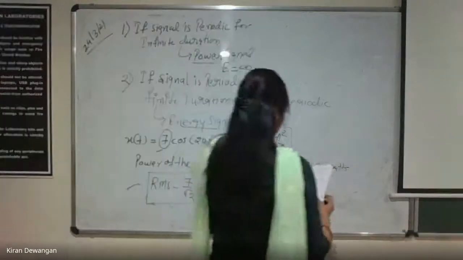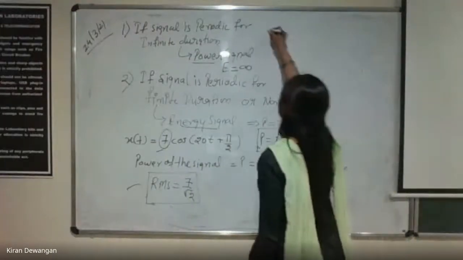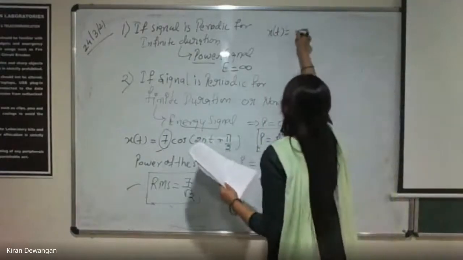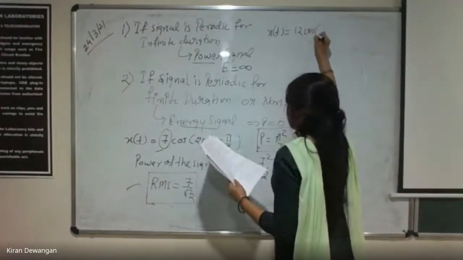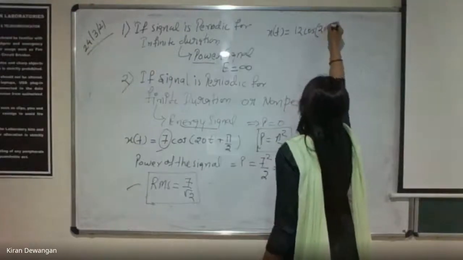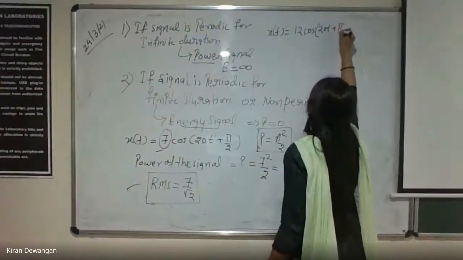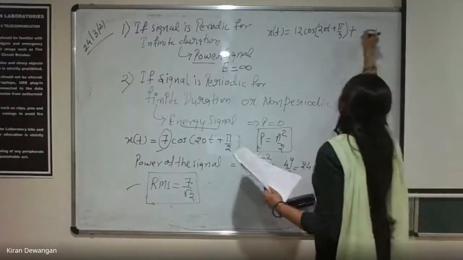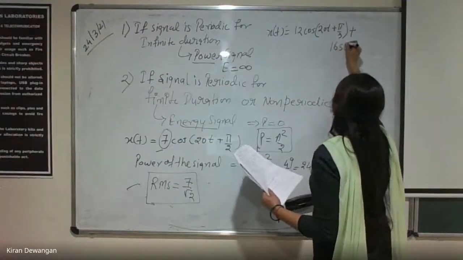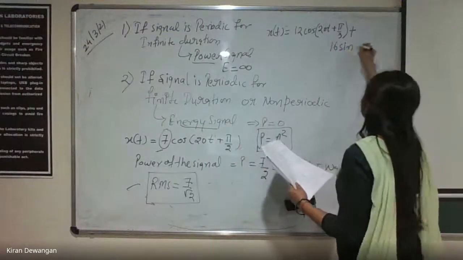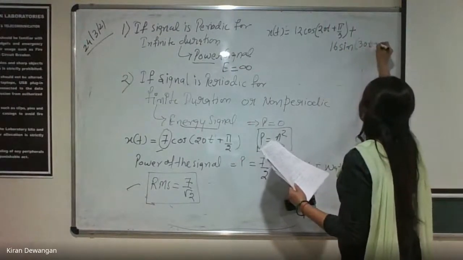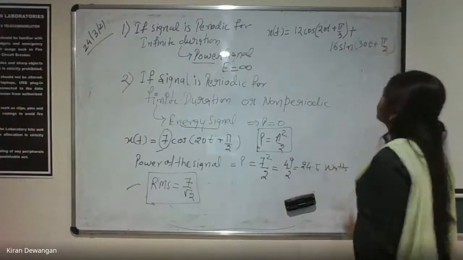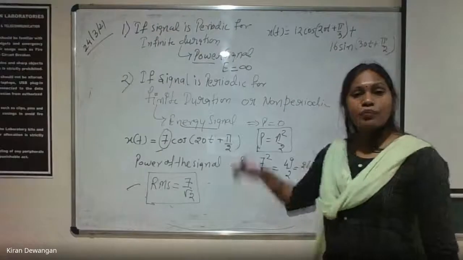Now if we have the signal like x(t) = 12 cos(20t + pi/3) + 16 sin(30t + pi/2). What will we do in this type of question?